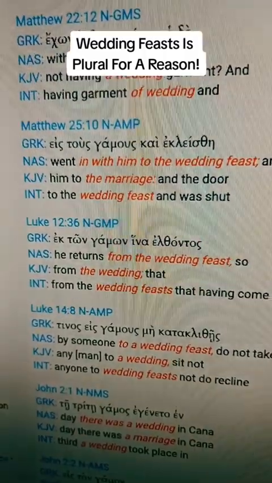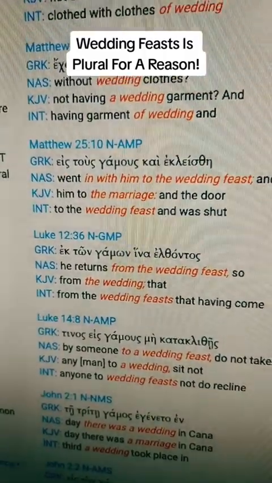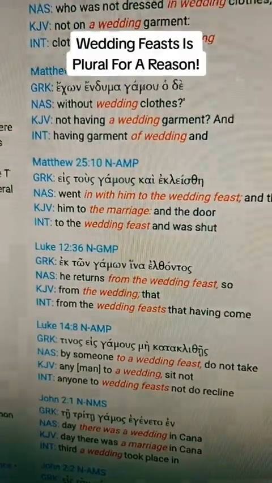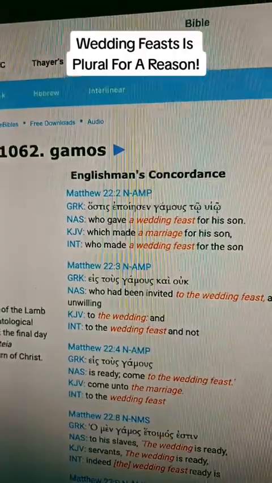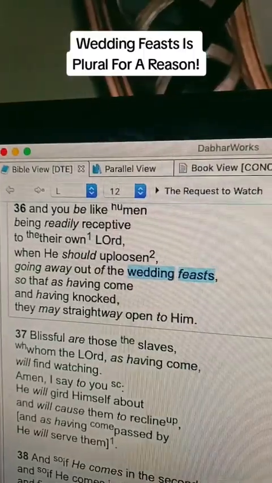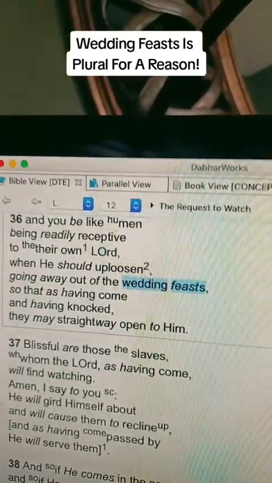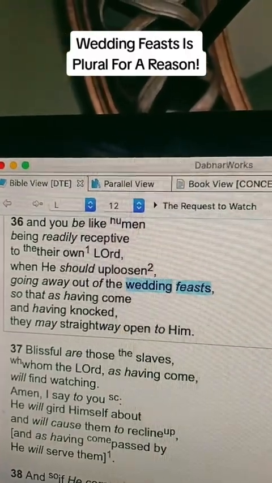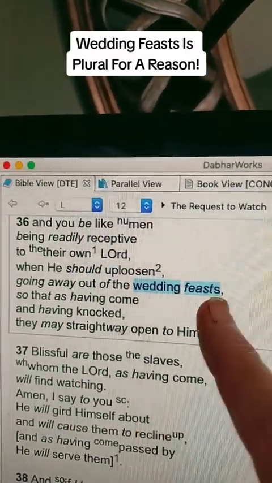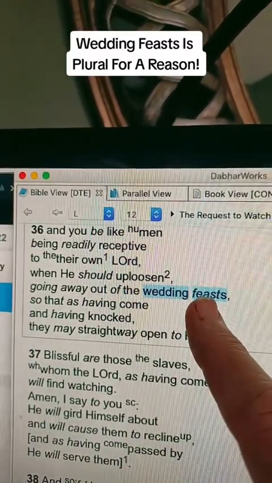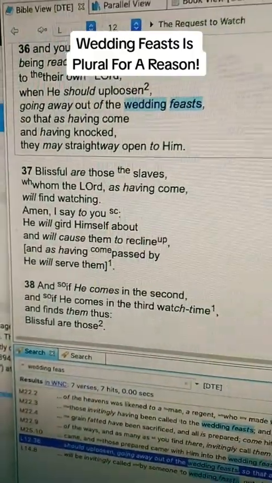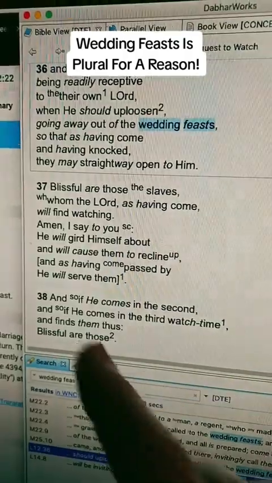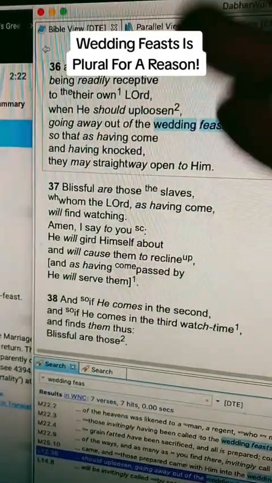So we have to be very careful when we are studying the Word of God to examine and pay attention to the nitty-gritty details, because there is a reason it's plural. Again, the plurality of the wedding feasts is in conjunction with the orders of the watch times as seen here in Luke 12:38, which I talk about constantly.